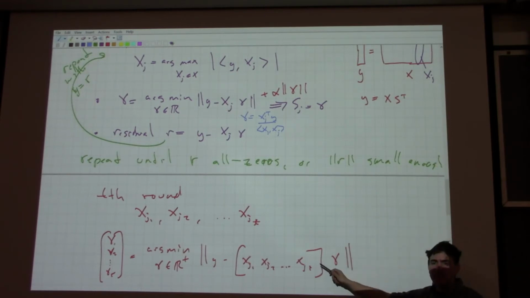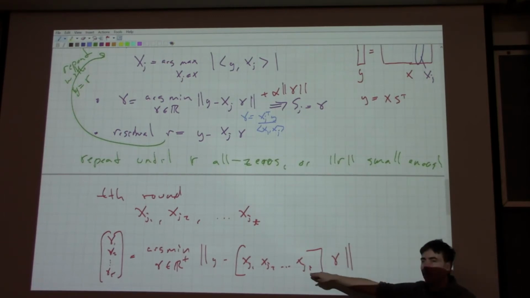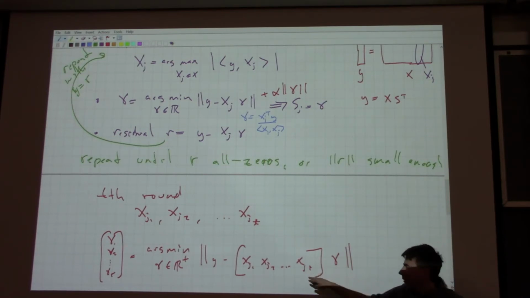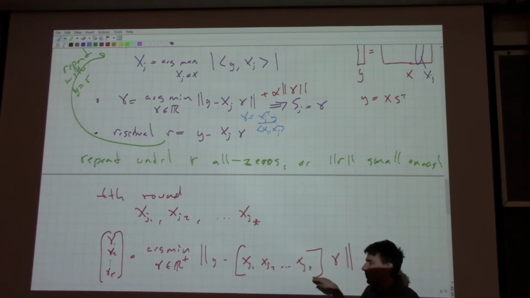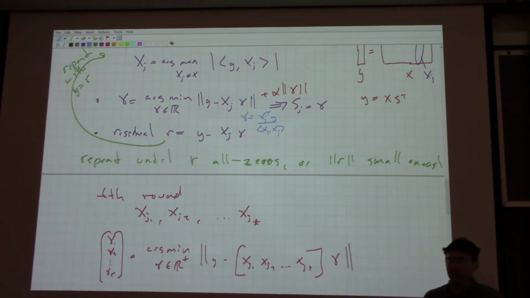How can I solve for gamma here? Well, this is now a well-formed least squares problem again, because now the number of variables I'm solving for is less than the number of measurements. t is going to be less than m, the number of measurements I made. So I can again solve for this using this least squares approach.